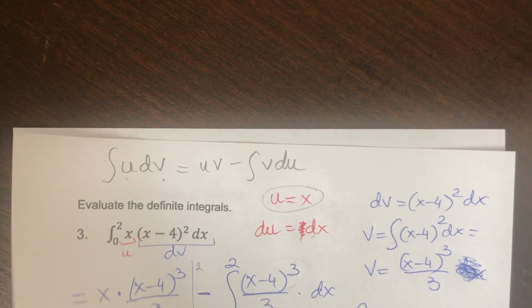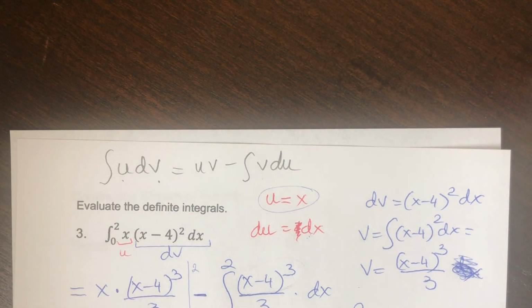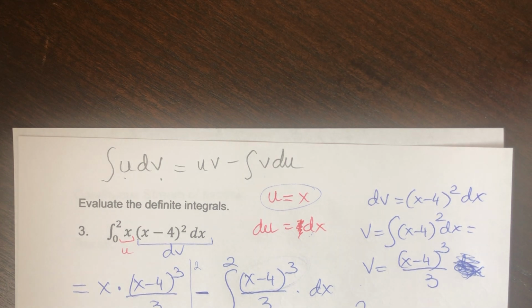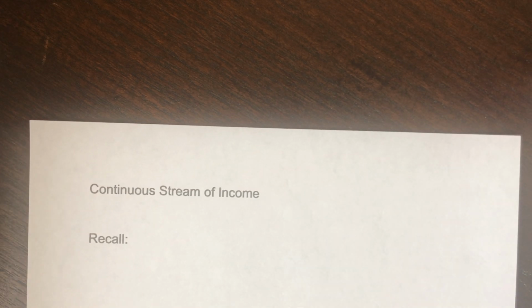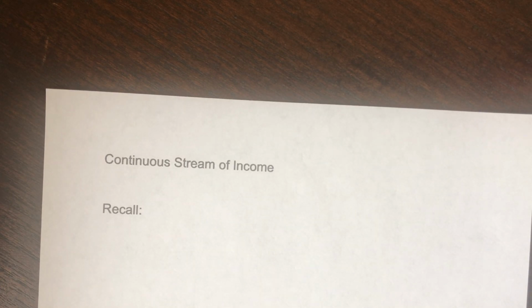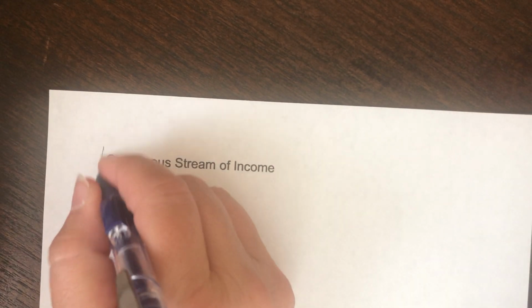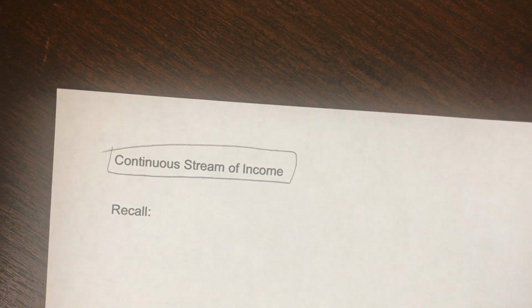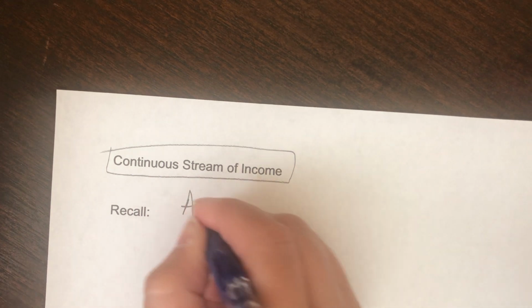Okay, so I have one more application for you, and that's something back out of section 5.7 about the continuous stream of income. So the continuous stream of income was going back to our PERT formula.